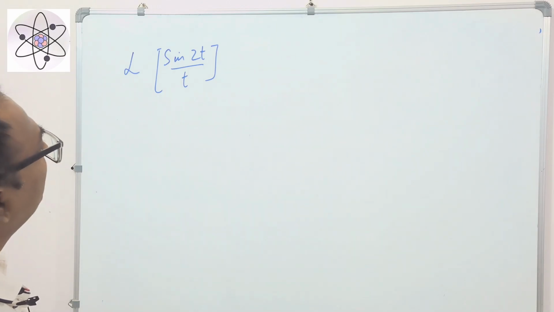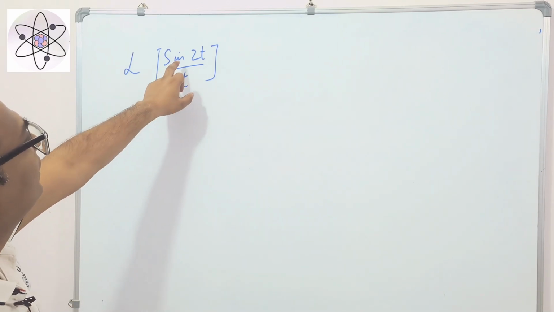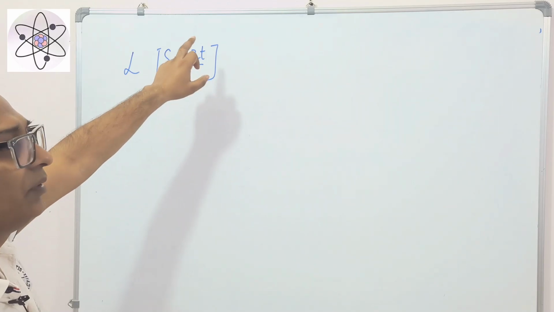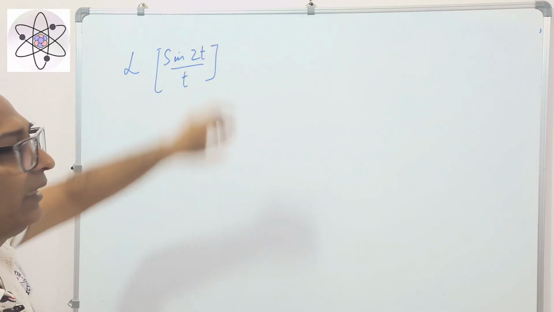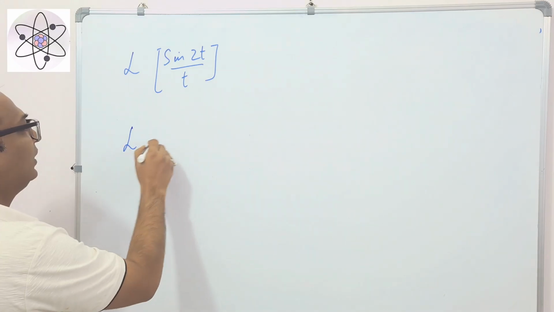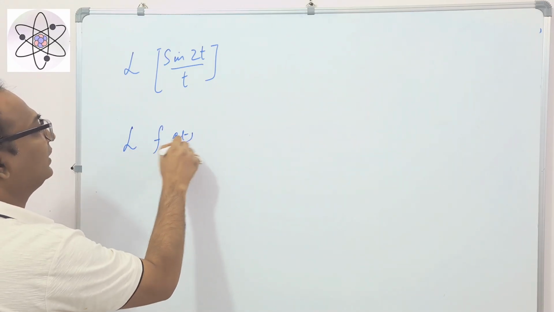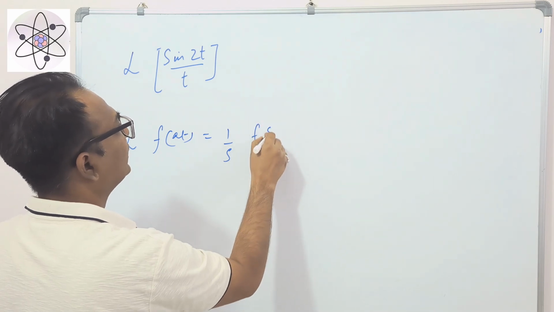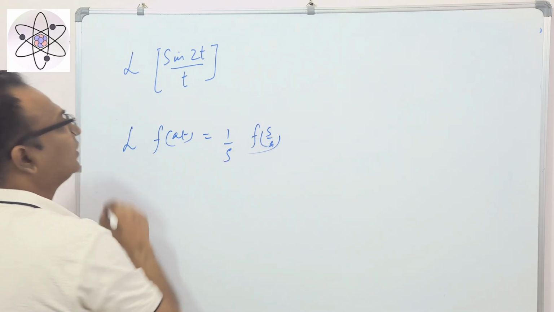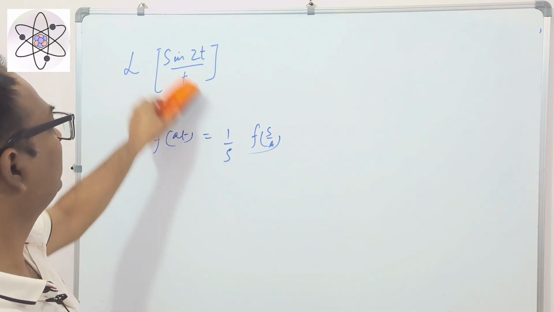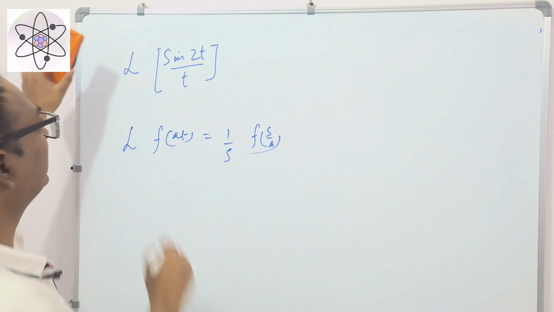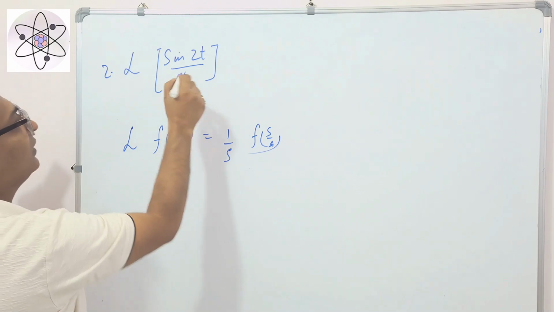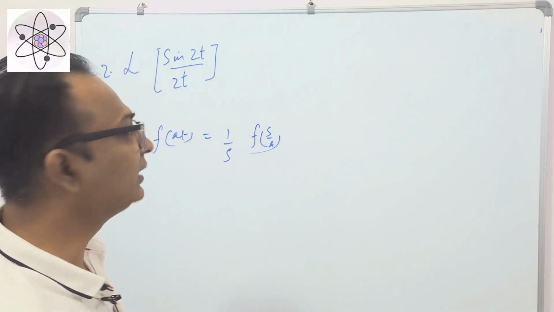This is not very difficult because we have seen what if we have to take the function f(at). You remember the Laplace of f(at) is equal to 1 by a, and then F of s by a. So this is not a very difficult question. You can find it directly from here. You can multiply by 2 and then this. So this becomes very easy.